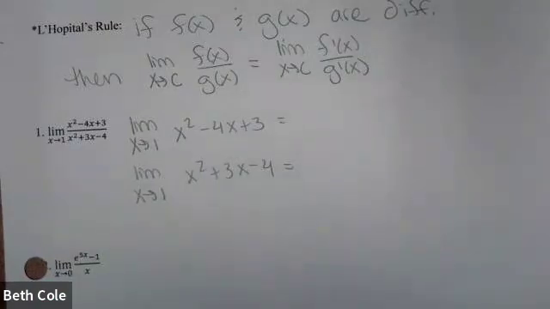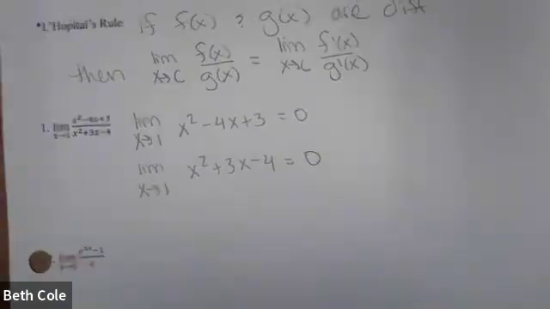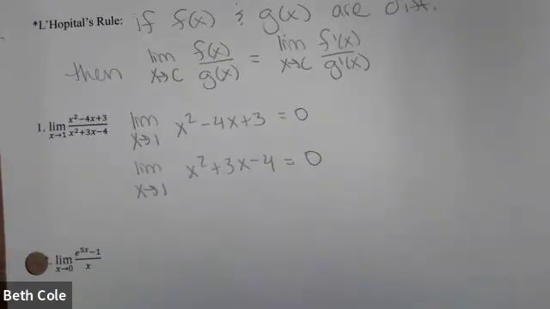And 0 over 0 is not a number. It is an indeterminate form, and you can't say that something equals an indeterminate form. So this is usually worth 3 points, a point for showing each of those limits. It's not hard, it's just writing, so you just can't be lazy.